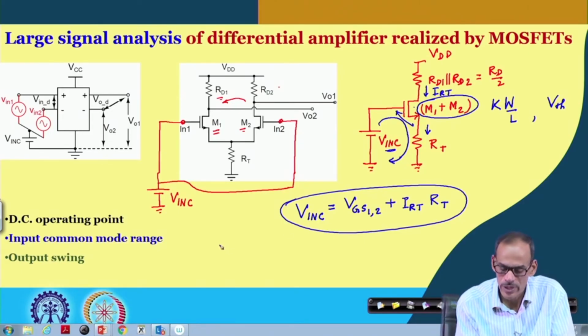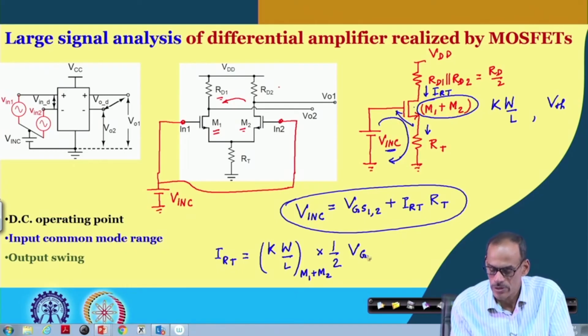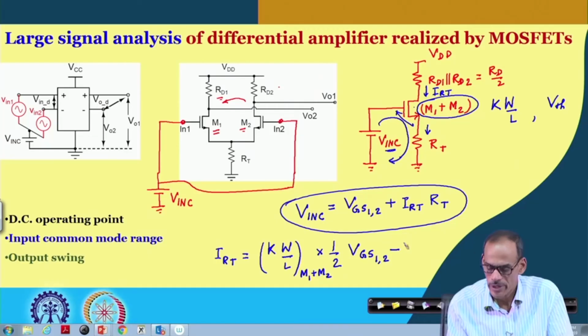Another equation we can get is that I RT should be equal to this K W by L, which is for the combined transistors M1 plus M2 together, multiplied by half, and then the corresponding VGS of transistor 1 or 2 minus VTH, squared.